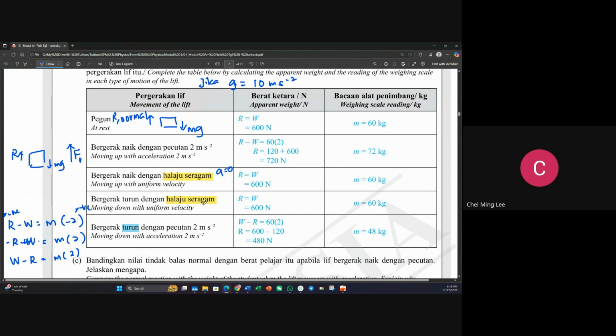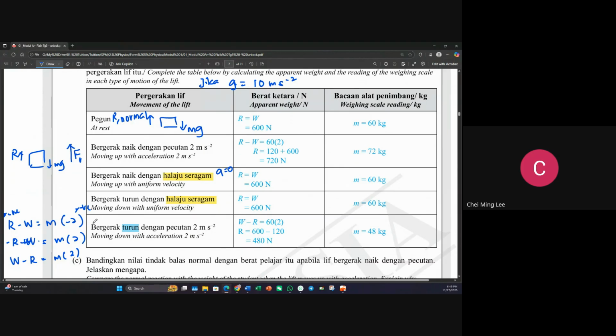When you're moving up with uniform velocity, acceleration is zero, so R is equal to W, 600 Newton, and the mass is 60 kg. When moving down with uniform velocity, R is equal to W as well, 600 Newton, and M is equal to 60 kg, because no matter up or down, uniform velocity means acceleration is zero.